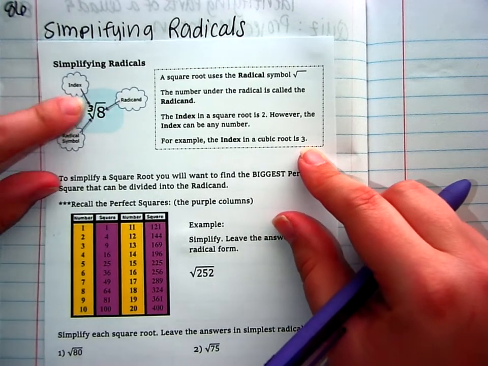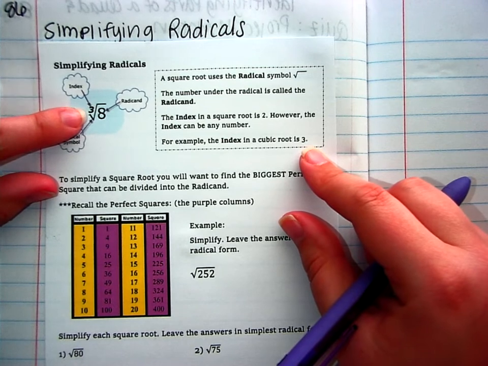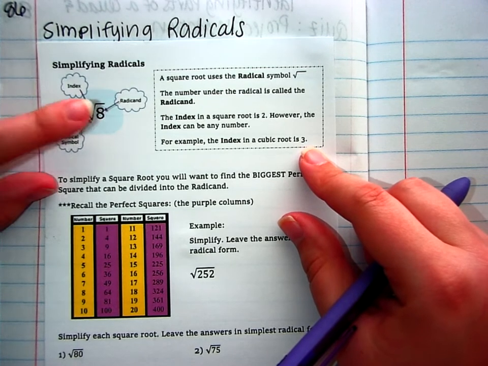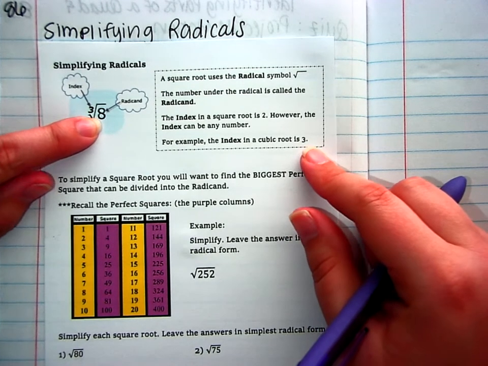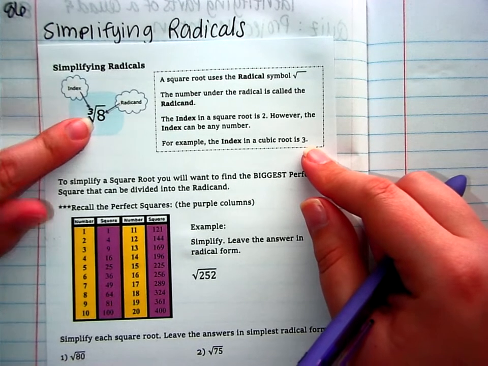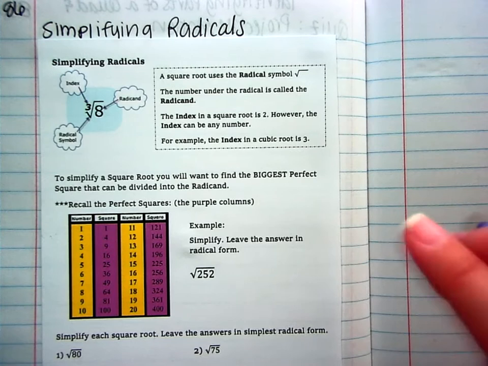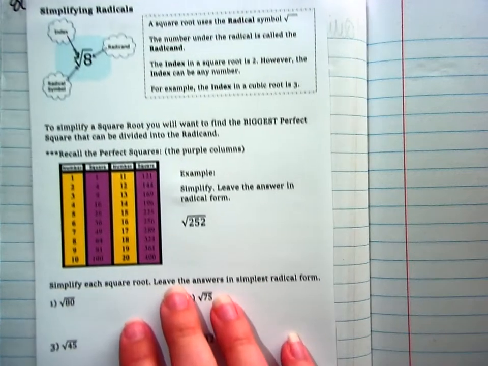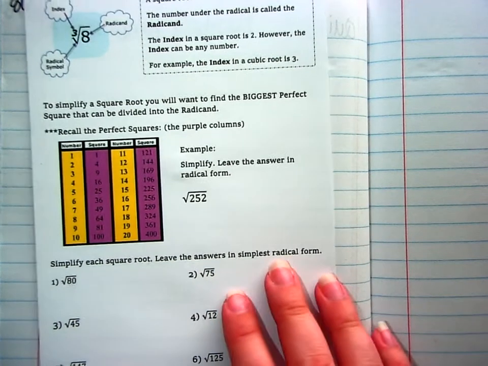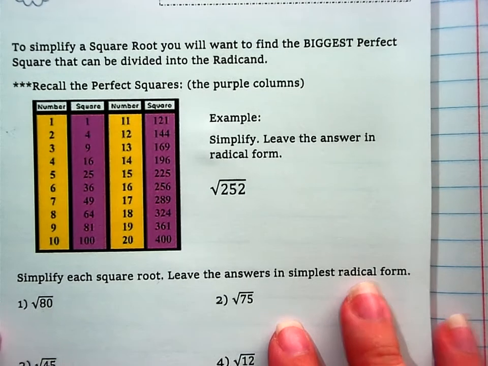This would be asking what number times itself 3 times would equal 8. And that would be 2. 2 times 2 times 2 is 8. So the index can be different. For right now, we're going to keep it at 2. We're just going to be working on square roots. Numbers that multiply by themselves to make the radicand.